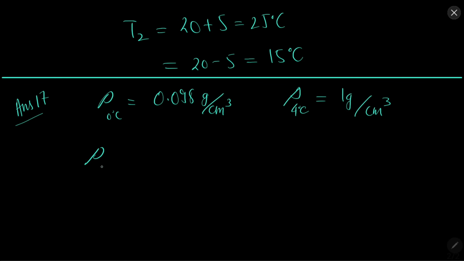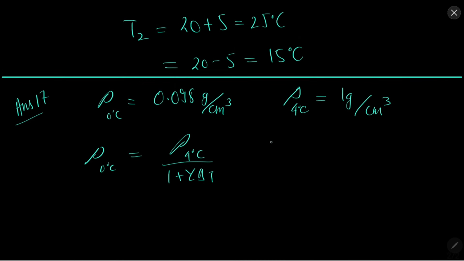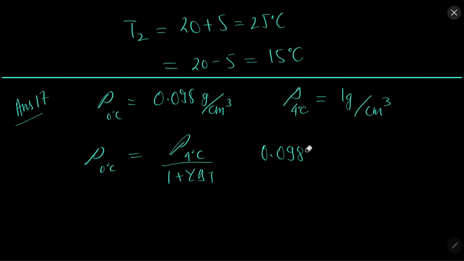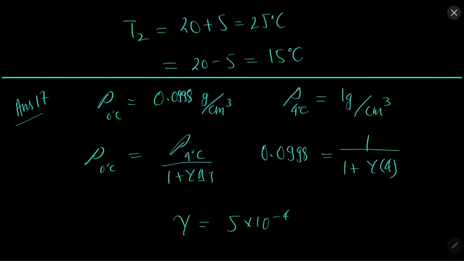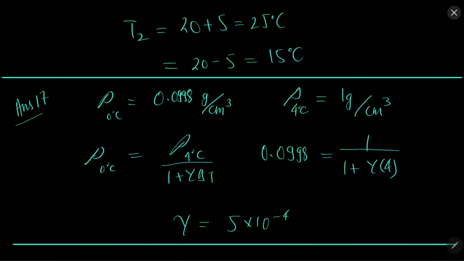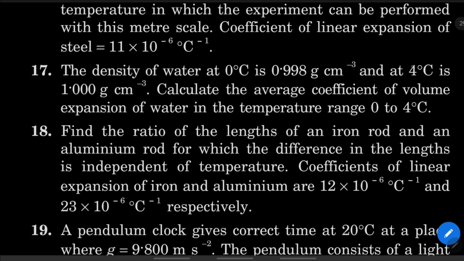So ultimately 1 plus gamma del T, so 0.998 equal to 1 over 1 plus gamma into 4. So gamma will come out to be around 5 into 10 to the power minus 4. So density decreased by this much.